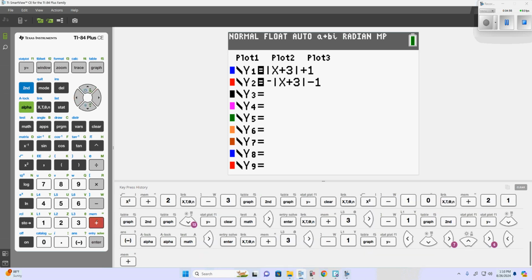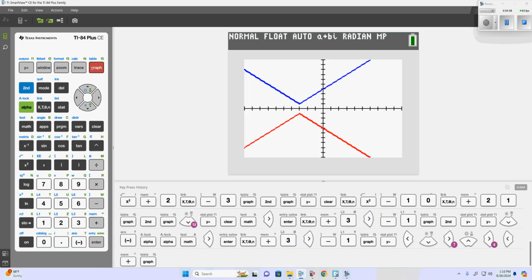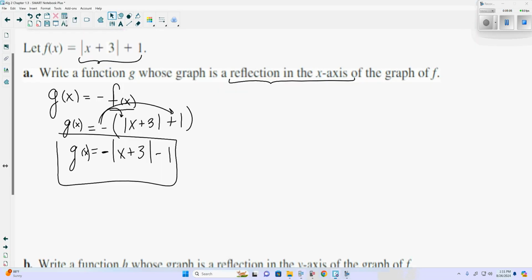That should have been plus 1. Graph. Okay. Well, you can see it is reflected across that x-axis, and it is the same distance. But that's all we have to do for this here.